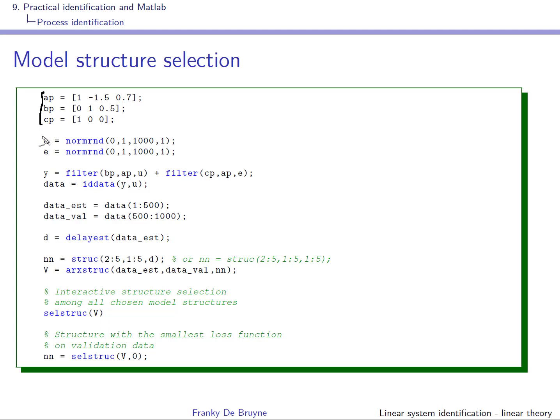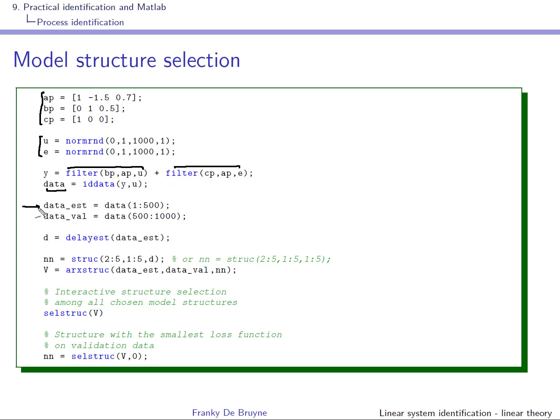We generate inputs and a white noise sequence. Here we assume that the input is also white noise, so that we excite all frequencies, and then we generate the data. Y is the deterministic part, B over A, plus the stochastic part. So this is the data set.